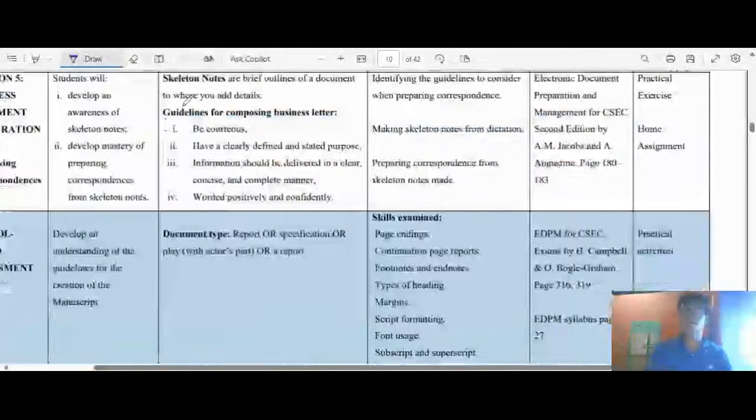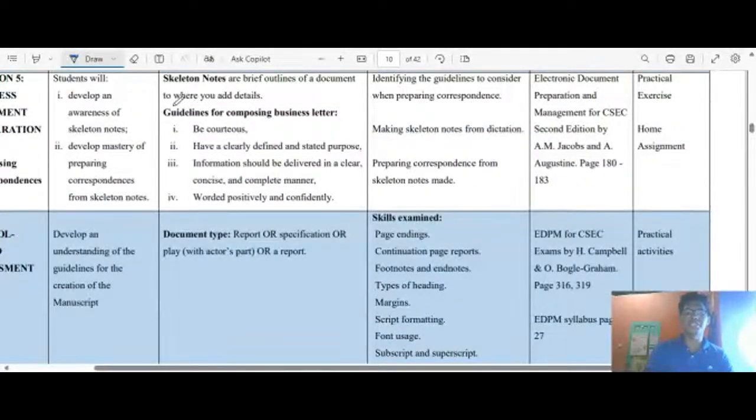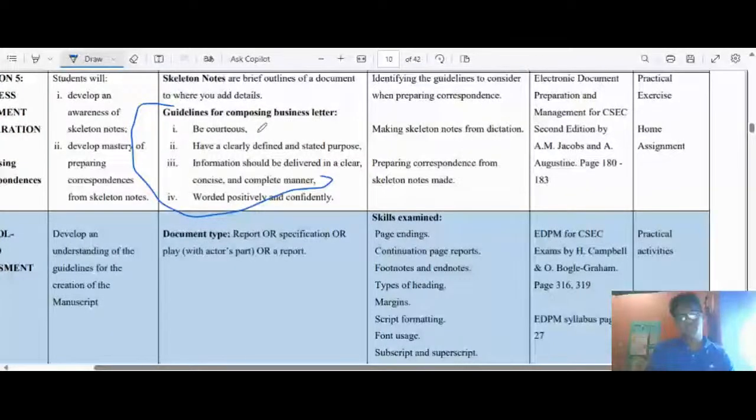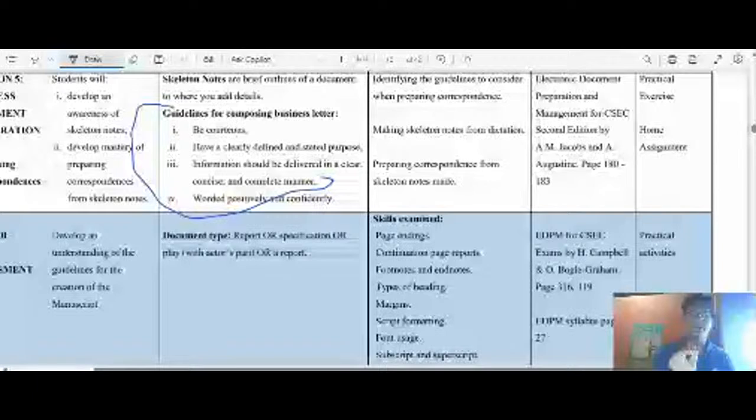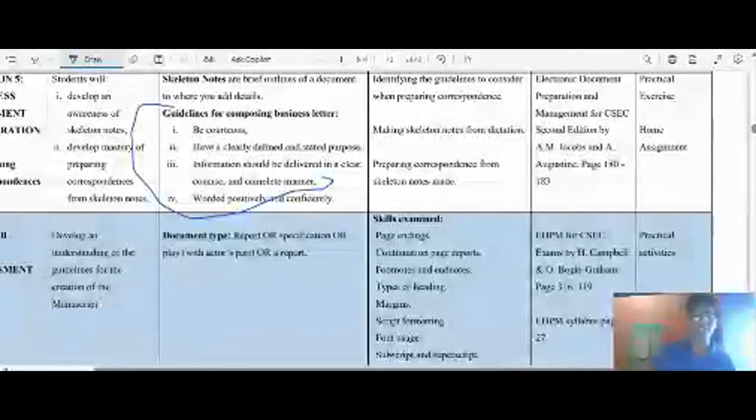So let's look into some guidelines for composing business letters. Whenever you're writing a business letter, you have a clearly defined and stated purpose. Think about it, be cautious, and make sure that your writing is in prose form, meaning that it makes sense, with subject and verb agreement and all these other things.